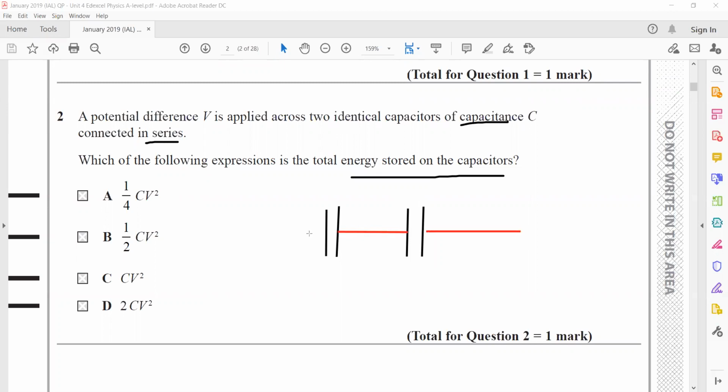The total voltage applied is V, and the capacitance of each capacitor is C. What is the total energy stored? So what could be the answer here?